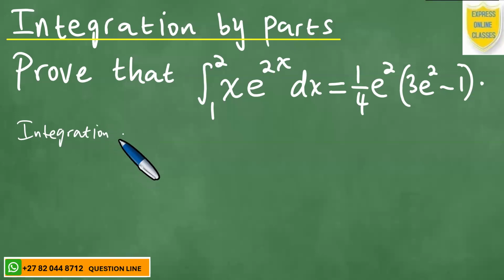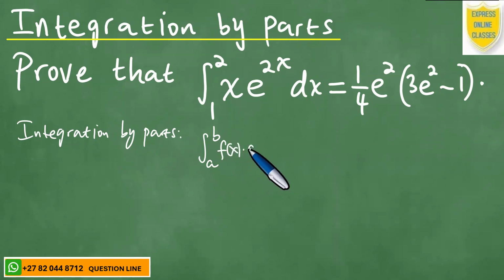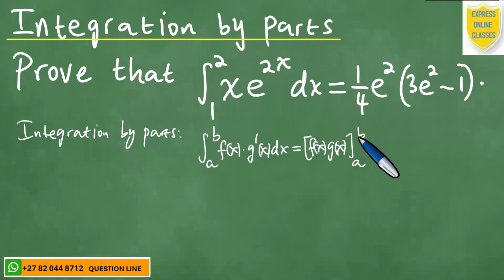What do we know by integration by parts? Integration by parts has a specific formula: if you have the integral from a to b of f(x) times g'(x) dx, this is exactly the same as f(x) g(x) from a to b minus the integral from a to b of f'(x) times g(x) dx.